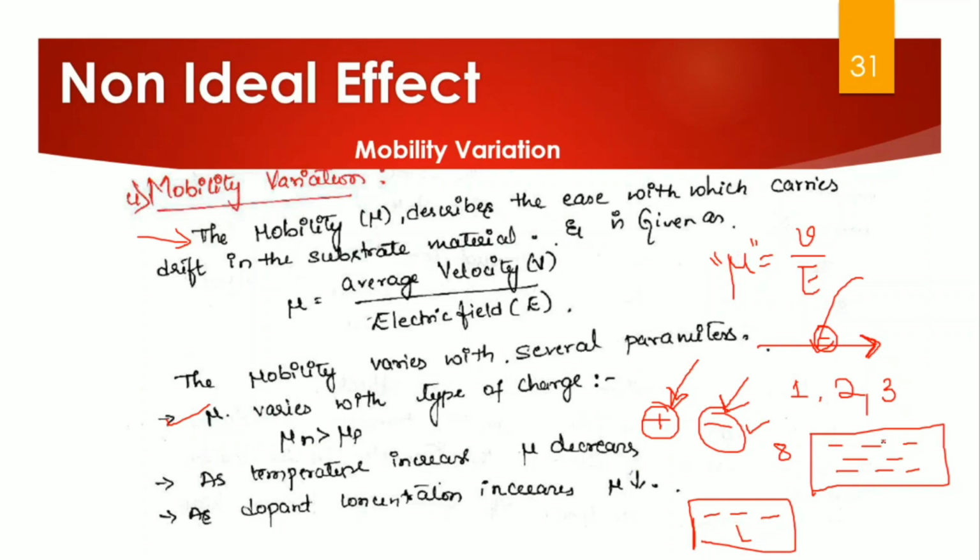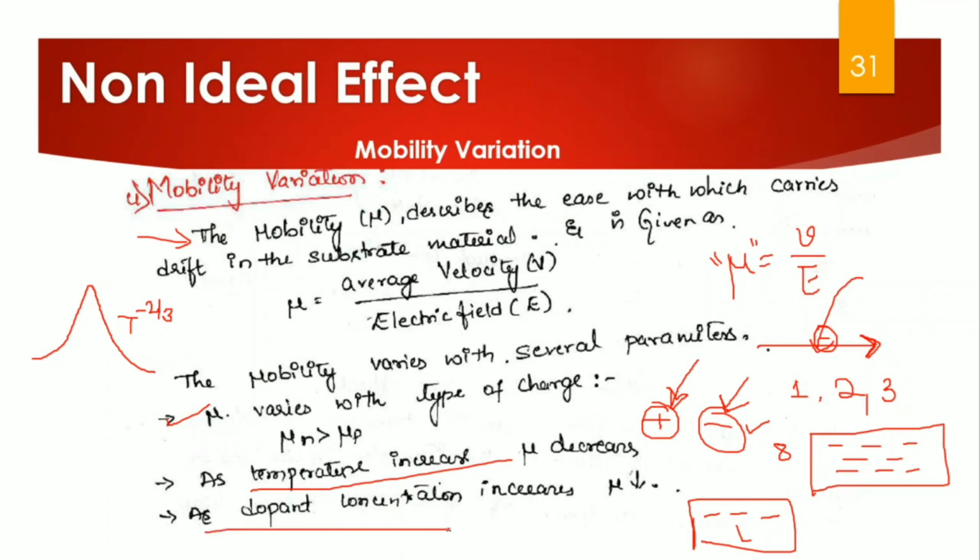But when there are 8 electrons, they can't move as easily, because there are more free charges. So as the temperature increases, the mobility will increase up to a certain extent, and after that it will gradually fall down. Mobility is dependent on T power minus 2 by 3.